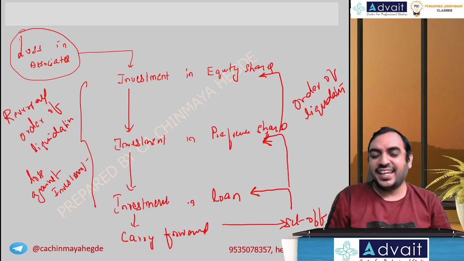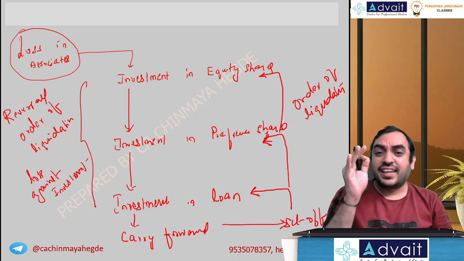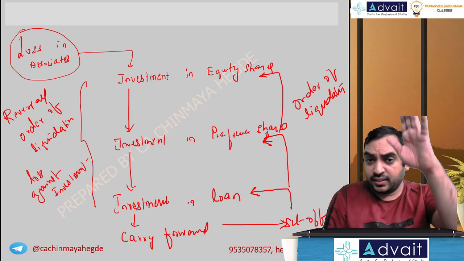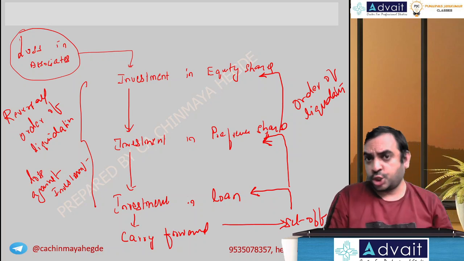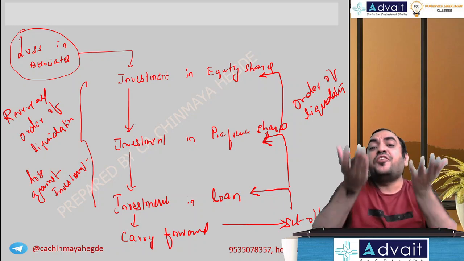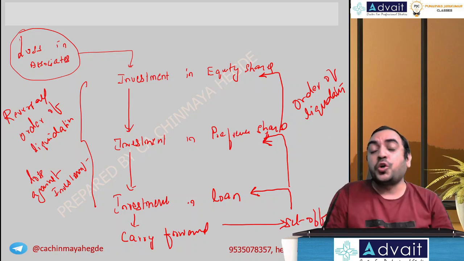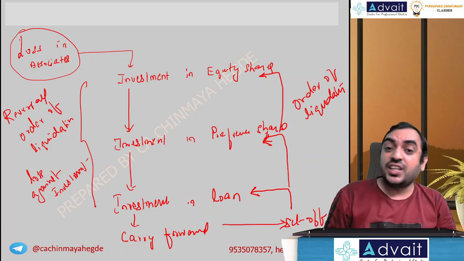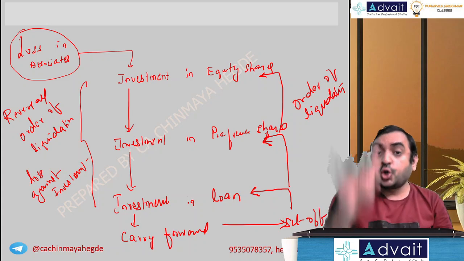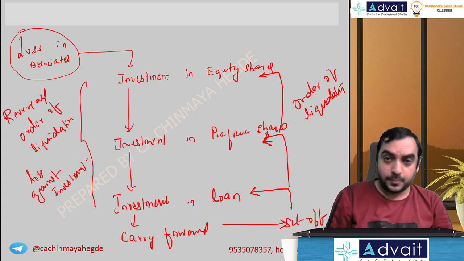So basically, when a loss happens, you adjust the loss in equity shares, preference shares, loan. When reversal happens, go in LIFO method. Don't go FIFO method, since equity shares take the loss first, preference shares next, and loan next. Don't go in that order for reversal.